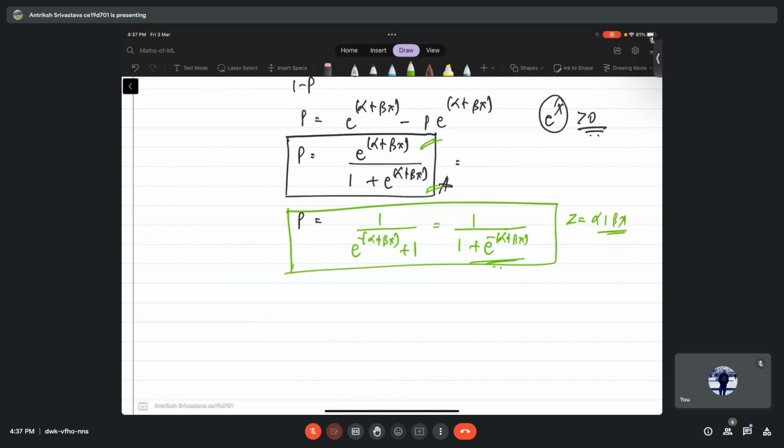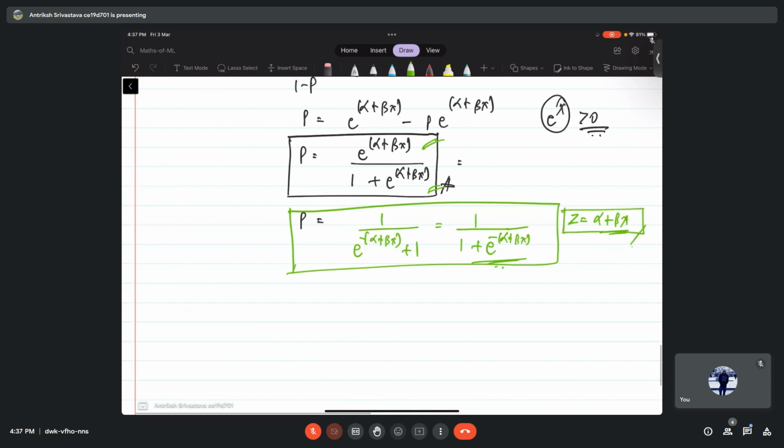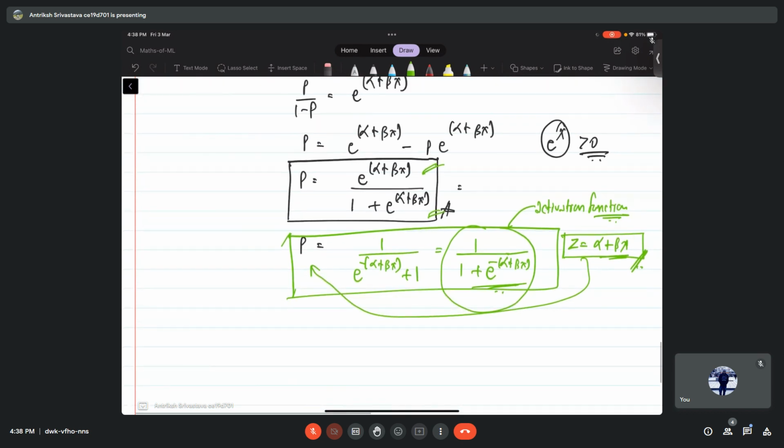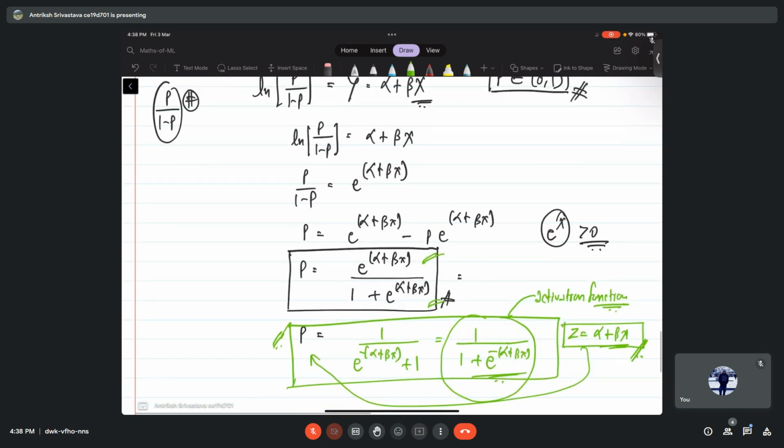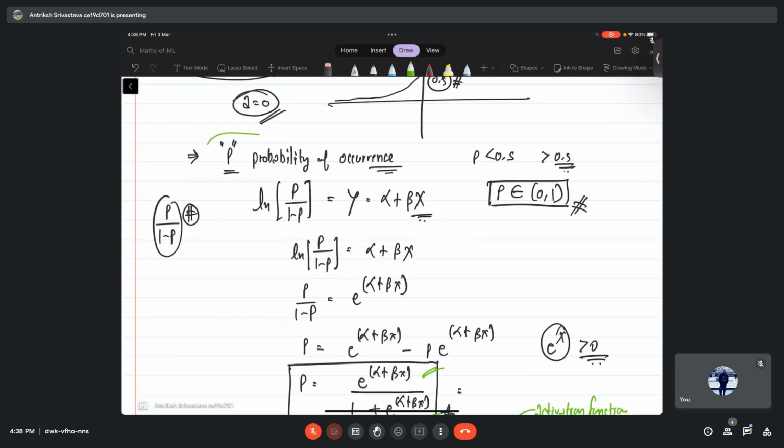If you have done any basic course of machine learning, you will see that this is what is represented as z, and this probability is called an activation, and this function is called an activation function, specifically in neural networks, but more generally in machine learning. So this is how we are 100% sure that this p, the probability of occurrence, is going to stay within the range of 0 to 1.